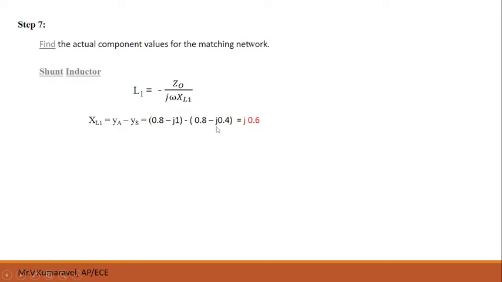The difference between these two points will give j 0.6. Now substitute it in the previous equation to get L1. The characteristic impedance is 50, j omega is 2 pi f, with pi 3.14 and f given as 2 gigahertz. Substituting XL1 as j 0.6, we get the inductor L1 as 6.63 nano henry.